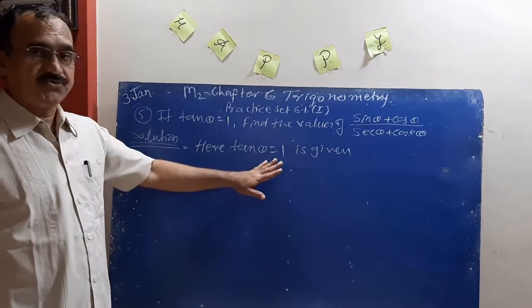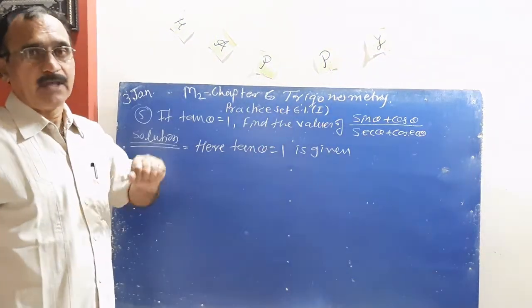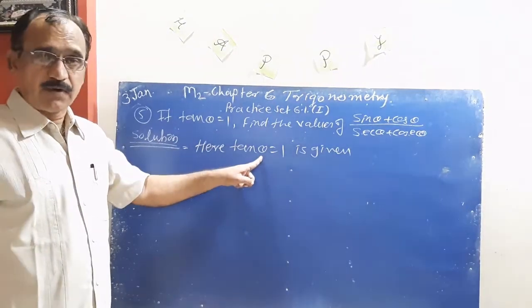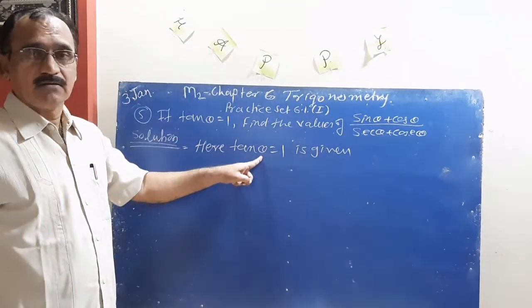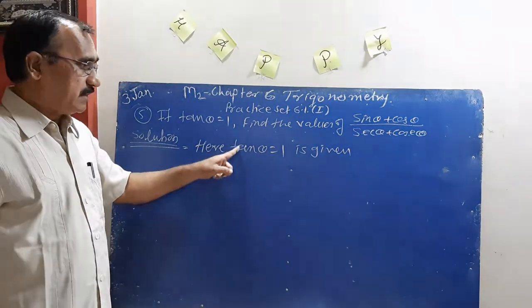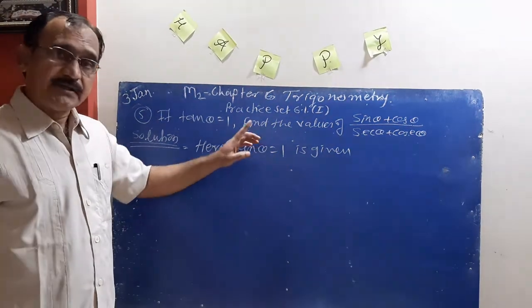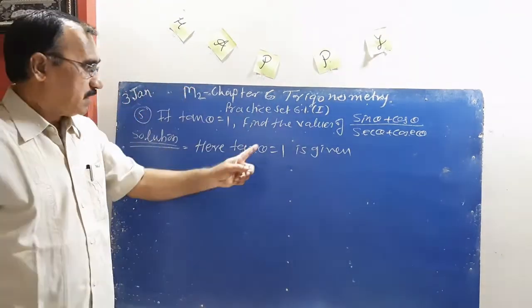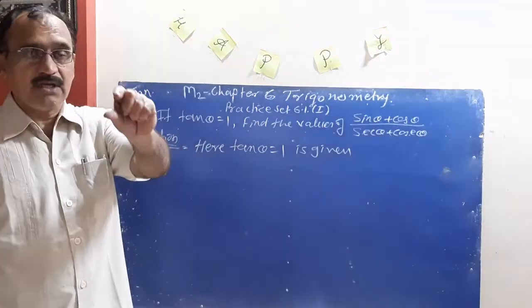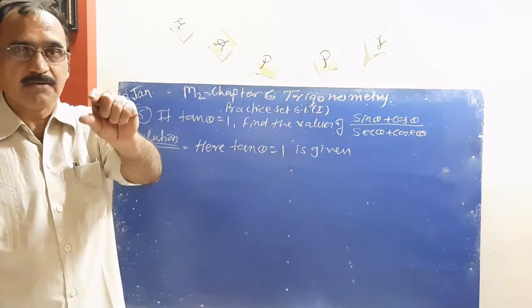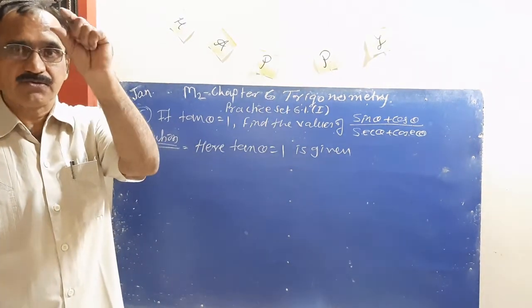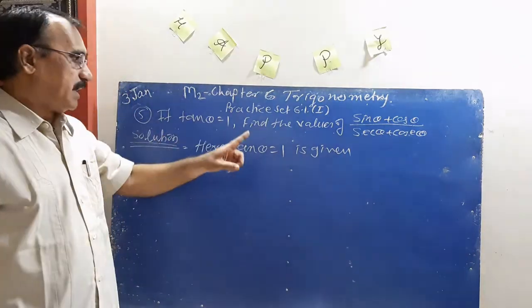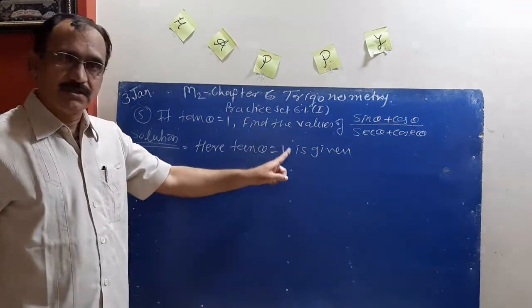With the help of the chart, with the help of the table, can you find the value of theta? Can you find the measure of that particular angle? Tan theta is equal to 1. Tan of how many degrees is equal to 1 in that table? If you see the table of trigonometric ratio values, tan 45 is equal to 1.